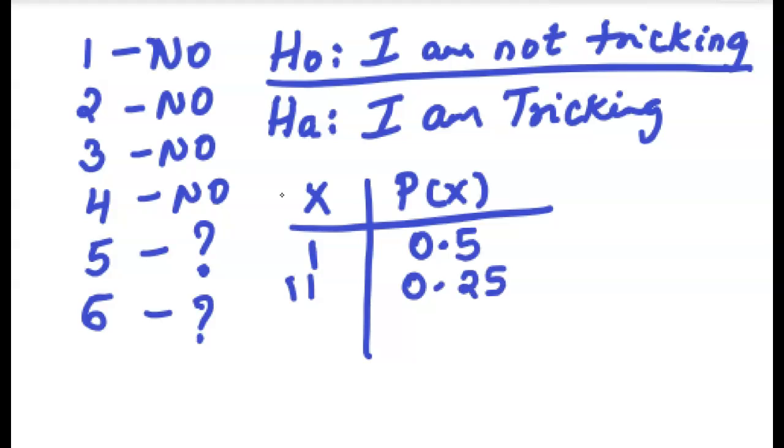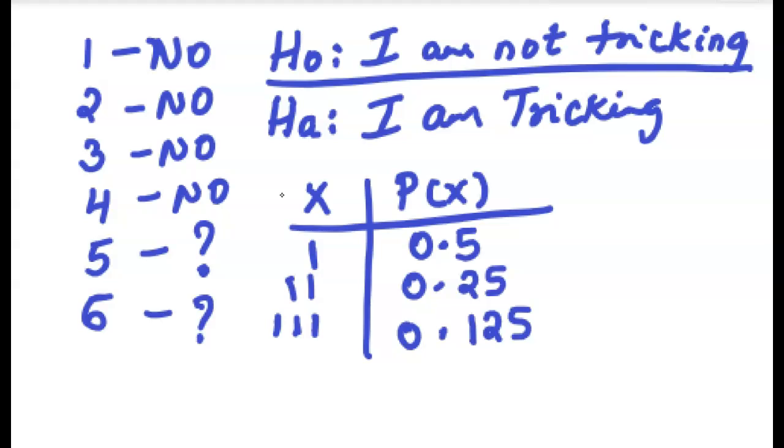Y'all were like, that is still okay. She can still have two heads in a row, right? So that's not a problem at all. Now, what about the next one? Having three heads, 1, 2, 3. That is 0.5 times 0.5 times 0.5, which is 0.125. Y'all were like, yeah, of course, you can have three heads in a row.